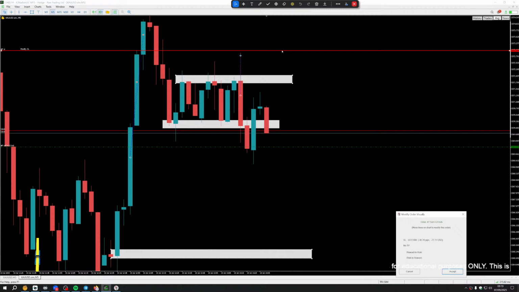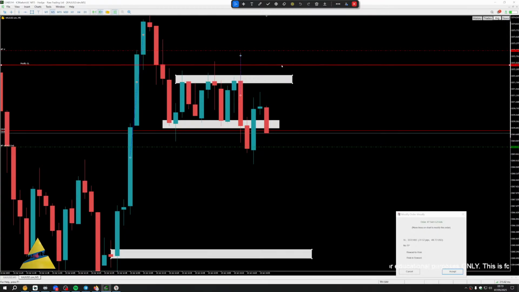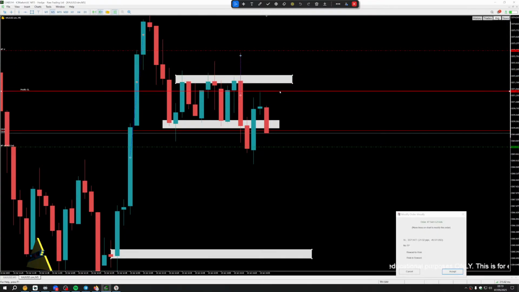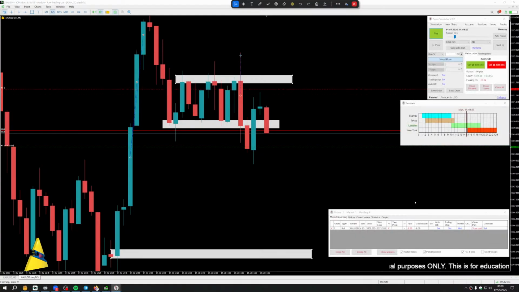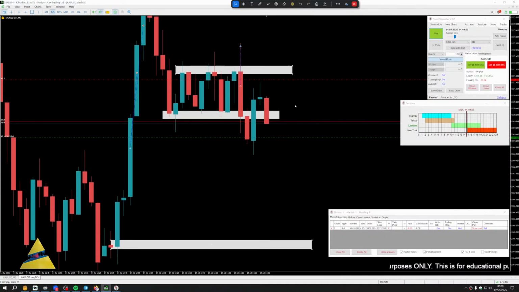About $77. Instead of risking $77, we can risk about 48 bucks, so let's say 46 bucks. Instead of losing 77, we're going to lose $46. So we're going to manage our risk. I think that's the best thing we can do.